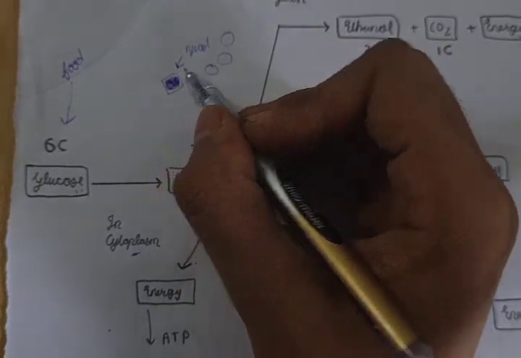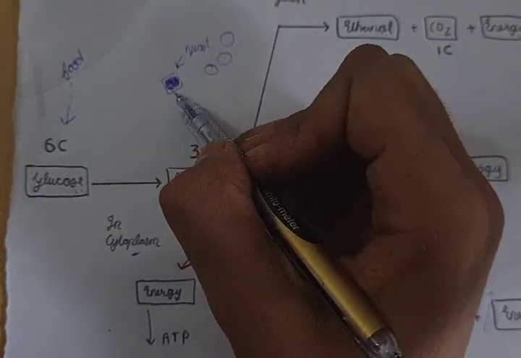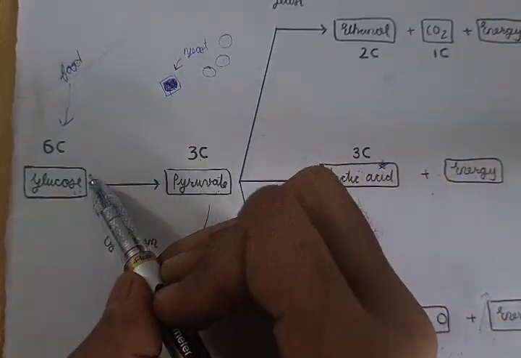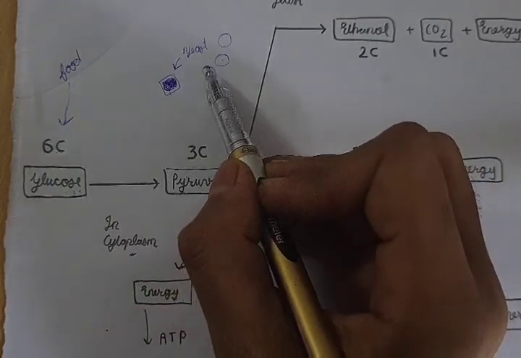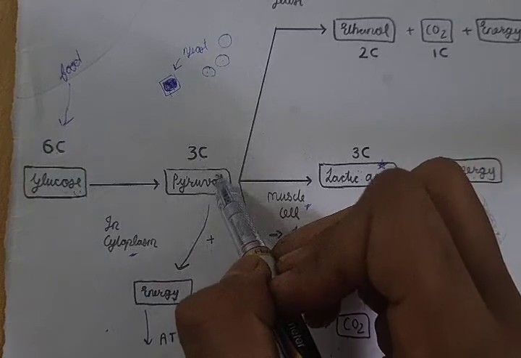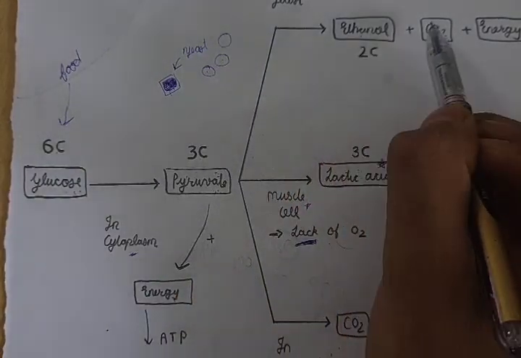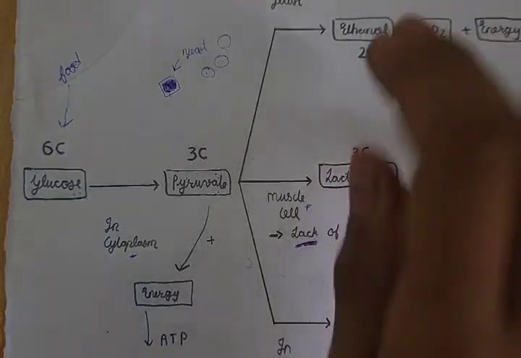We all know that sugar has glucose. So this glucose in the sugar is converted into pyruvate inside the yeast cell as the yeast cell takes up the glucose. Now this pyruvate is converted into ethanol, carbon dioxide and energy.